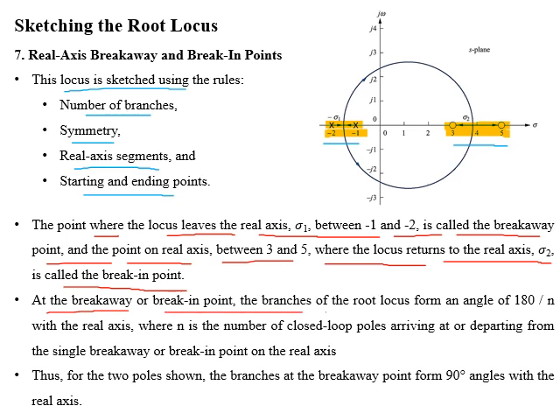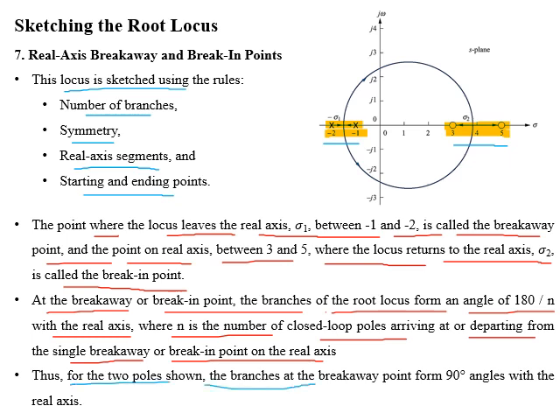At breakaway or break-in point, the branches of the root locus form an angle of 180 divided by n with real axis. And here n is the number of closed loop system poles arriving at or departing from the single break-in or breakaway point on real axis. So for the two poles shown here, the branches at the breakaway point form.